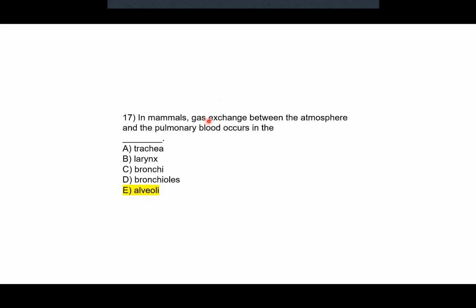And we know that the respiratory system is responsible for gas exchange. So this has to do with the gas exchange between the atmosphere and the blood. So in your head, try to go through the body parts and the steps of gas exchange from the atmosphere and reaching the blood so that it can be circulated. So we'd have the trachea and the bronchi, which branch to bronchioles, and the ending point is the alveoli.